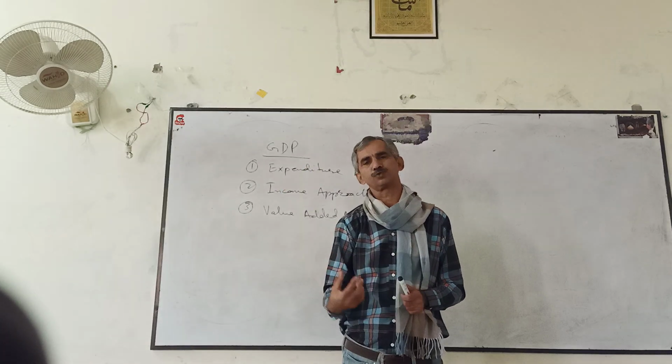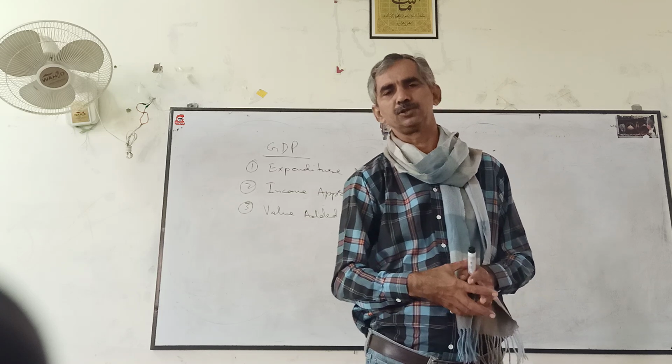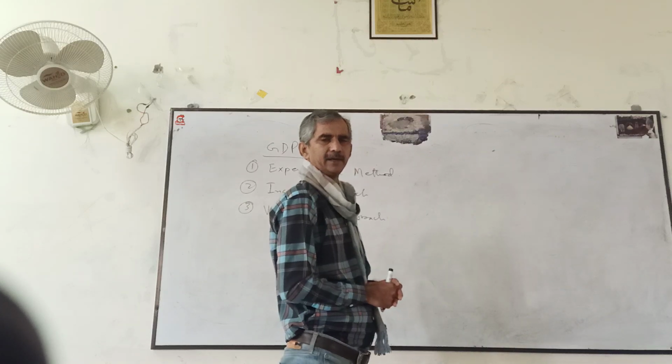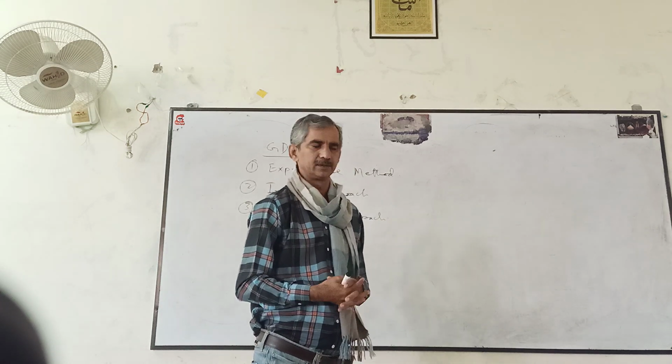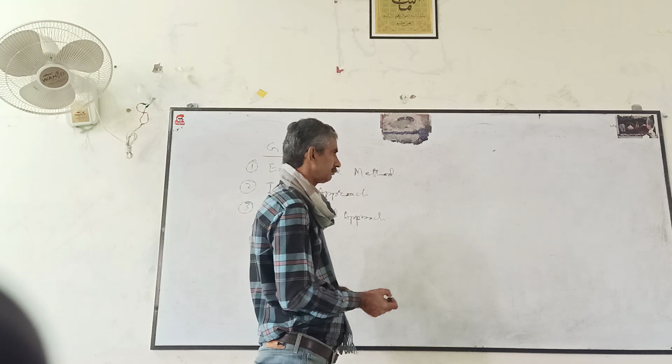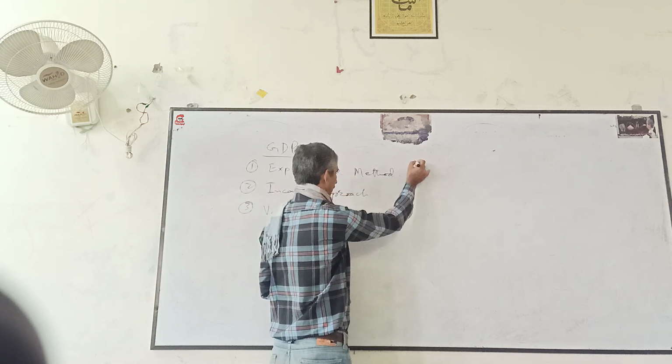The second one is that economists also measure the GDP, the national income of the country, by adding up all the incomes earned by the factors of production.